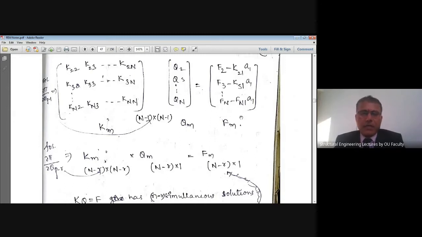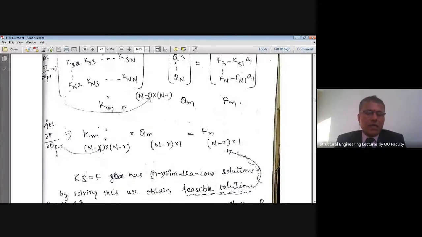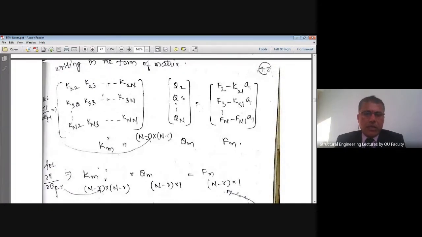Like that, this F_M also reduced by one size: F2 minus K21 up to Fn minus Kn1 multiplied by A1 is also n minus 1 by 1 size. Now Q_M equal to F_M is a modified equilibrium equation, obtained just by differentiating with respect to one specified degree of freedom or boundary condition.